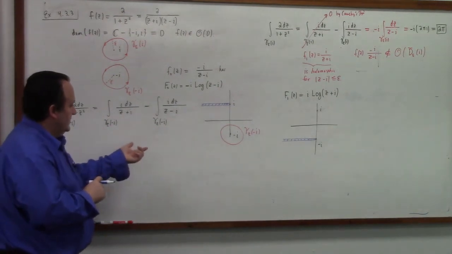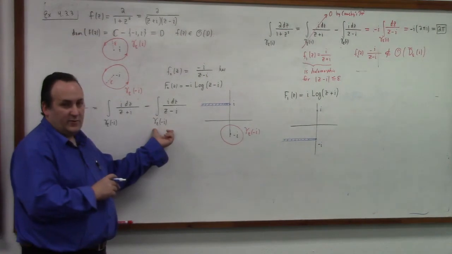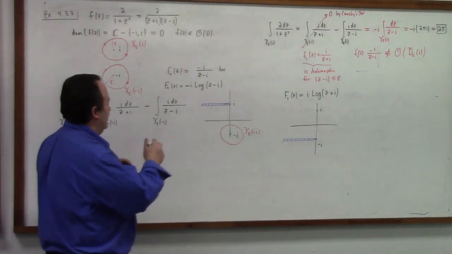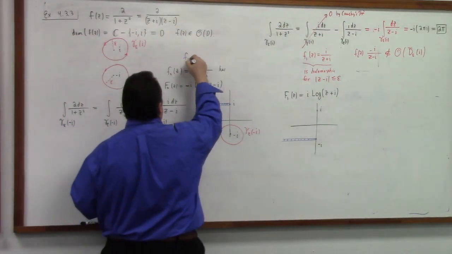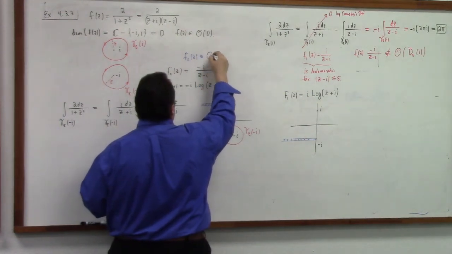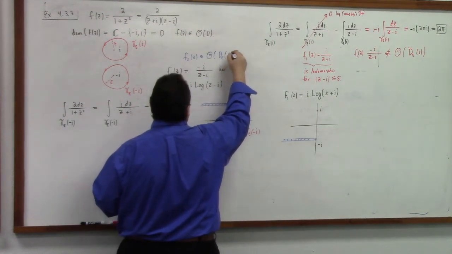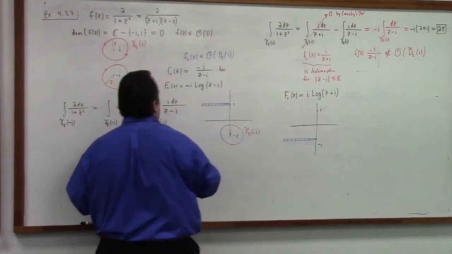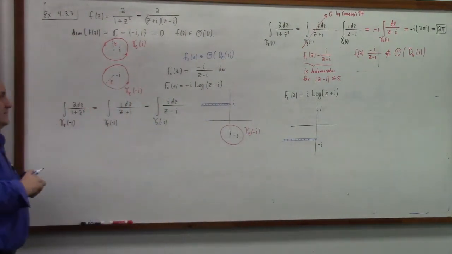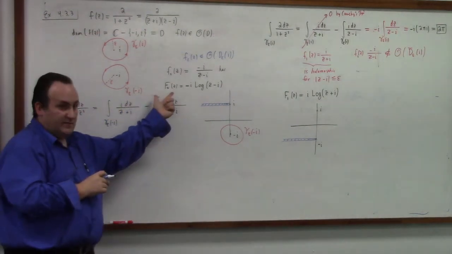So the point is, F2 is holomorphic, right? So in fact, F2 of z is holomorphic on the disk of radius epsilon centered at i. Which means that, what does that mean? Among other things, it means it has a primitive on that disk. In fact, there's the formula for the primitive, right?